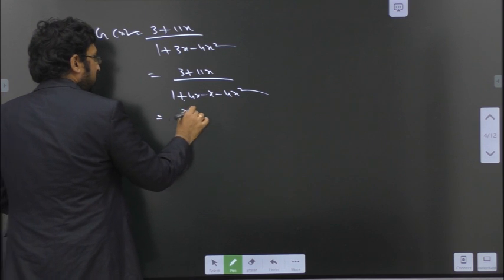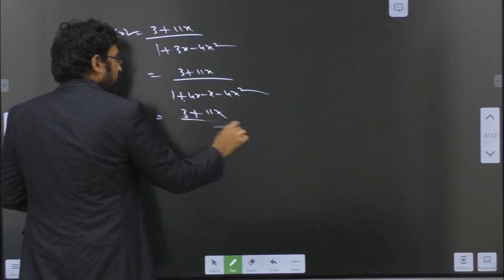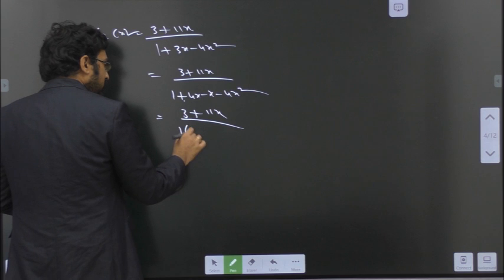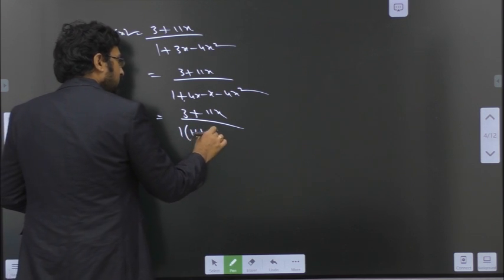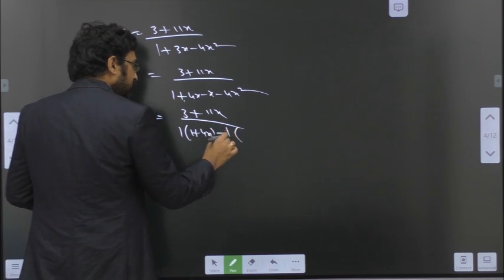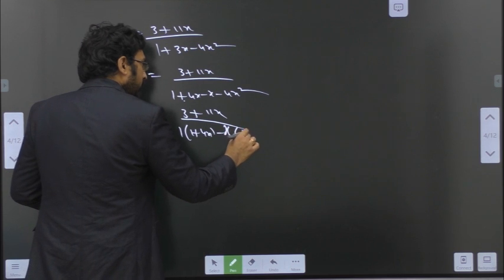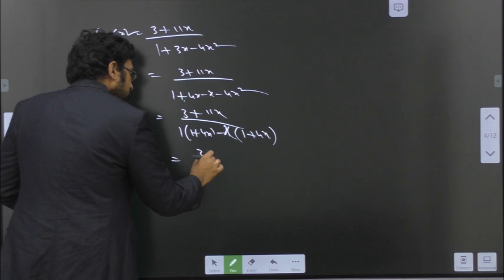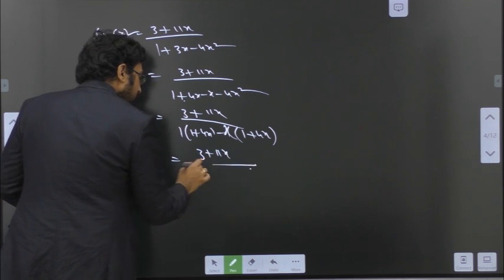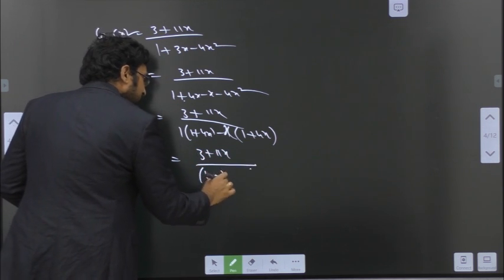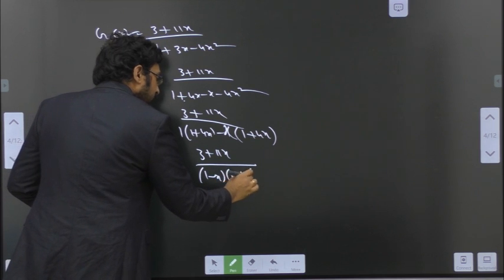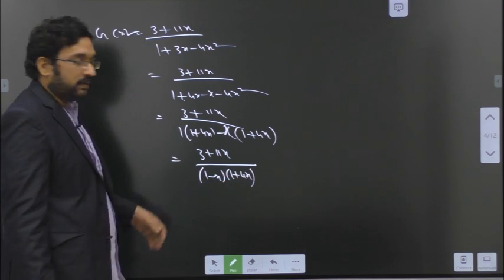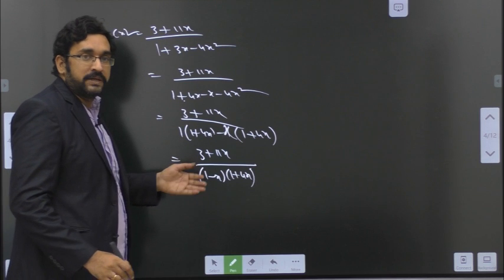So that equals 3 plus 11x by, from the first two terms take 1 as common, 1 plus 4x, minus, take x as common, 1 plus 4x. So we have 3 plus 11x by 1 minus x into 1 plus 4x. So now we can find partial fractions for it.